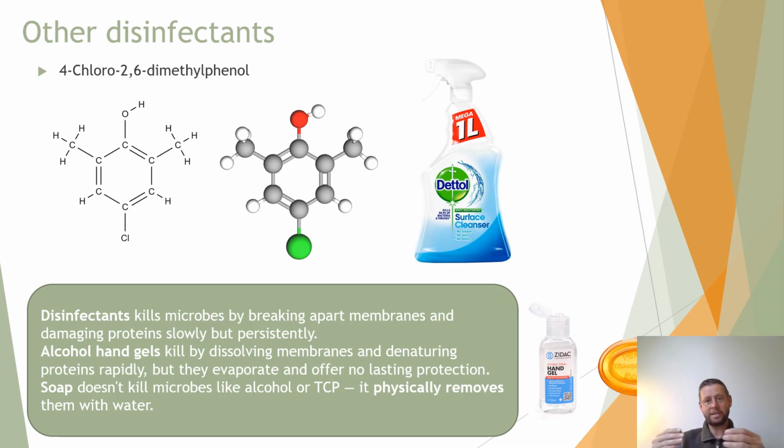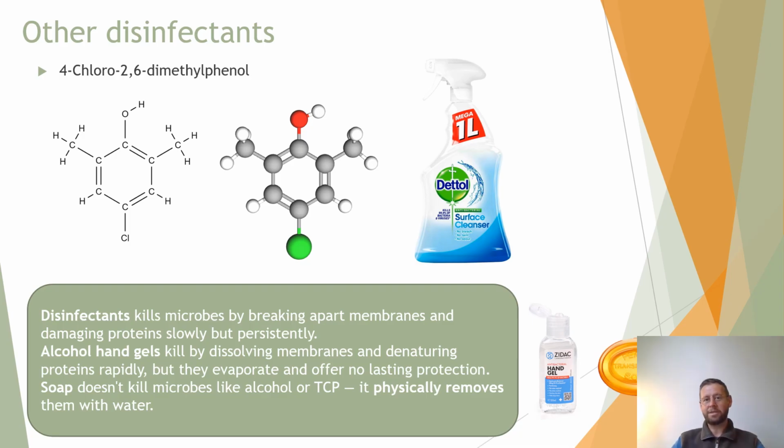What it physically does is surround any little bits of oil or fat. So it will start to surround the whole lipid layer on the outside of the microorganism, getting in between the microorganism and your skin. And so what soap does is physically detach the microorganisms from your body. That's quite clever, isn't it?